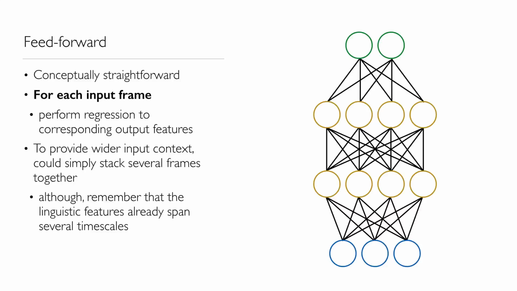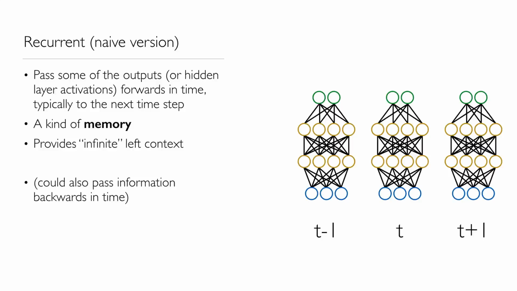But please remember that Srikan and Oliver already mentioned the linguistic feature has already spanned a longer time. But in the feed-forward neural network, we did not consider the contextual information.